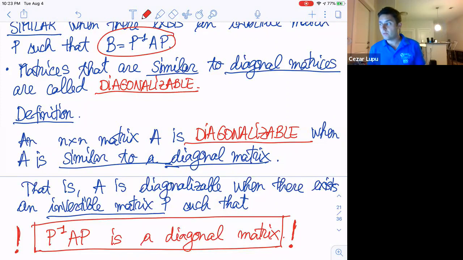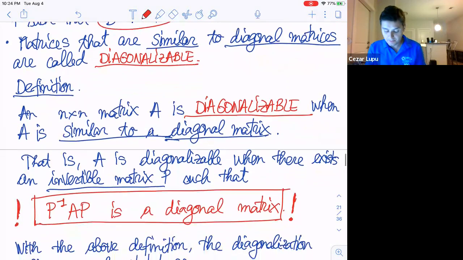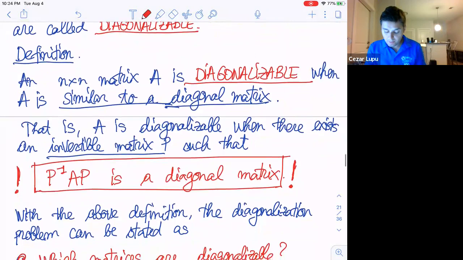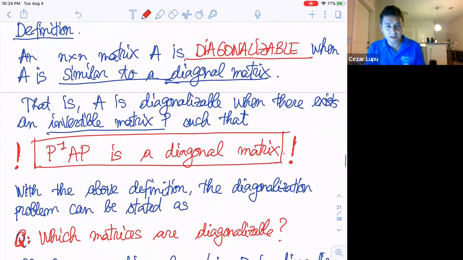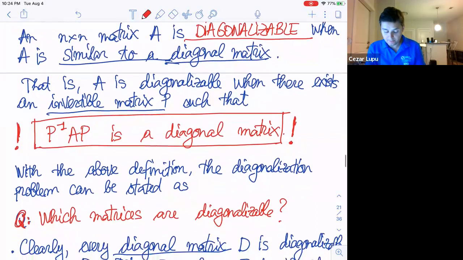And now, in what will follow, we will give some examples of matrices that can be diagonalized. But before that, with the above definition, the diagonalization problem can be stated as: we want to answer which matrices are diagonalizable. This is the natural question to ask.